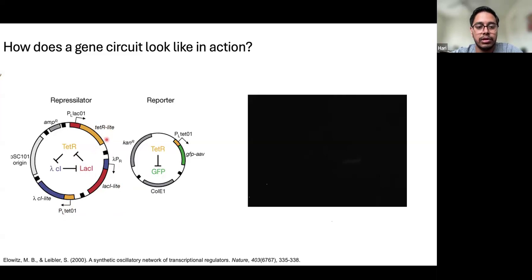So this yellow TET-R will bind to this particular promoter's operator region, stopping the transcription. In a similar way, LAC-I protein can bind to the operator region of PLAC, so that stops the transcription of this particular protein itself. So when this protein is bound to the operator region of this promoter, it will repress the production of TET-R protein.